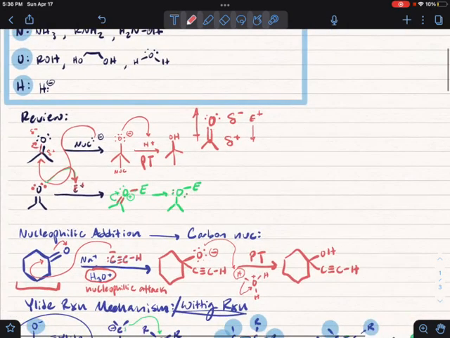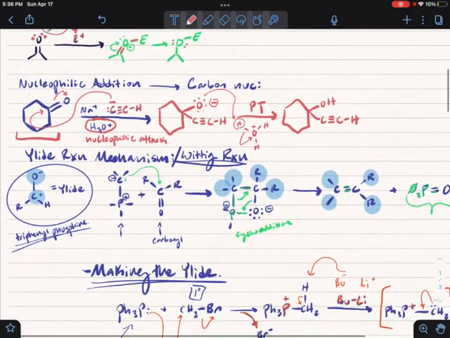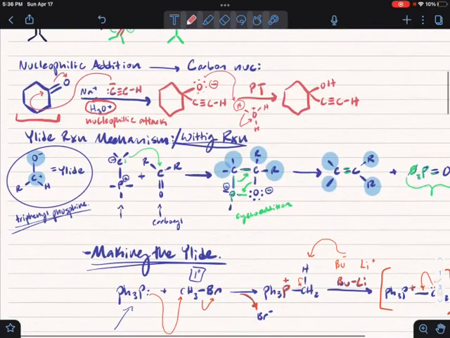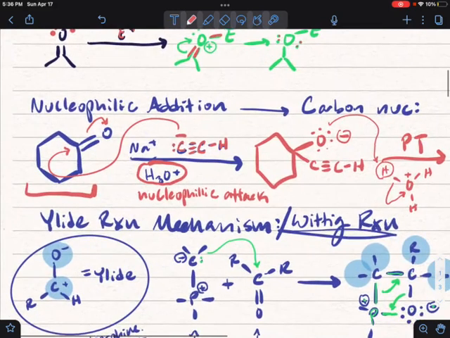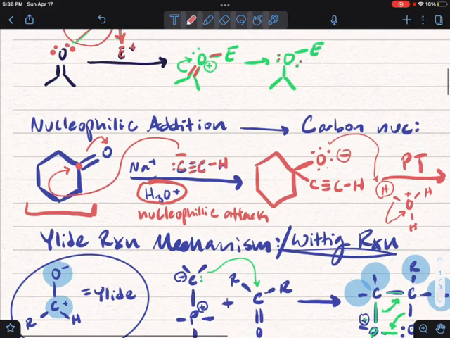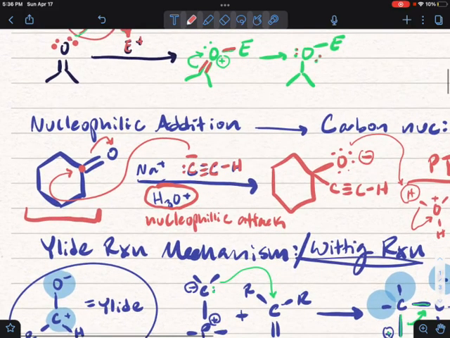Alright, so first, I think it's important to talk about carbon nucleophiles. All of our carbon nucleophiles will be written in this video in blue, so it's easy to tell what's what. So let's do nucleophilic addition first. We'll start with a standard carbonyl group, double bonded to an oxygen. This is our carbon that our nucleophile is going to attack. And essentially, we have our nucleophile, the carbon triple bonded to carbon to a hydrogen group.